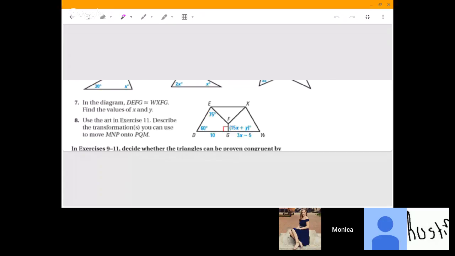So when we look here, we know this is a right angle. So we know this side is also going to be a right angle, right? I'm going to erase that just because it'll make it easier to see that. So since we know both of those are right angles, we would know that 15x plus y equals 90.